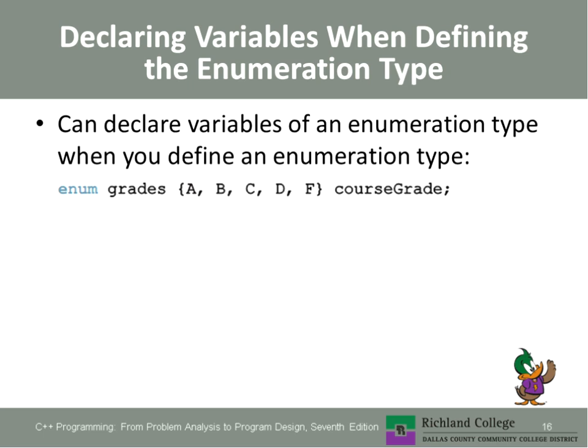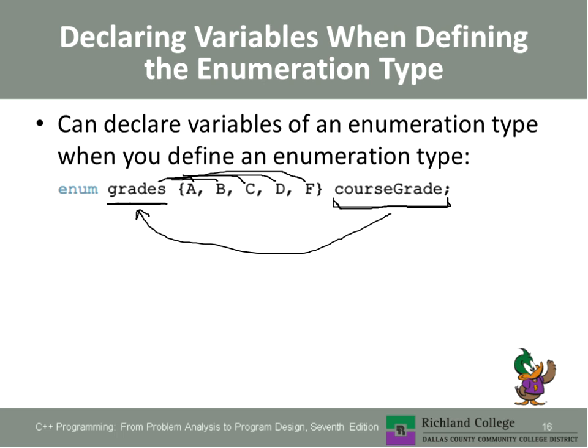So here we're still going to have course grade as our variable of the type grades, where grades can only take up one of these values: A, B, C, D, or F.